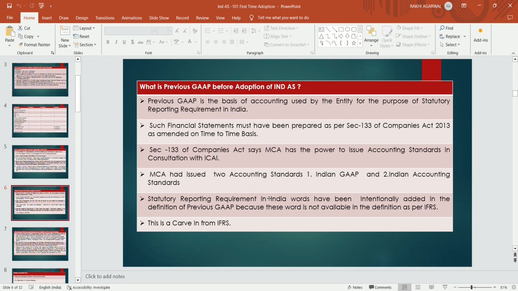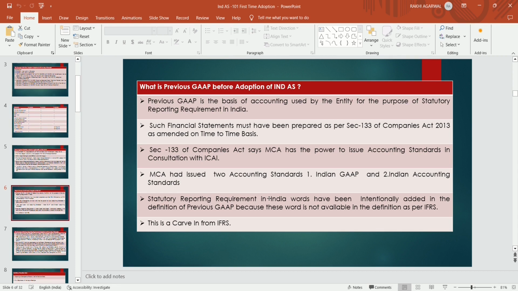But as per Indian Accounting Standard, as per the definition, previous GAAP is the basis of accounting used by the entity for the purpose of statutory reporting requirement in India.